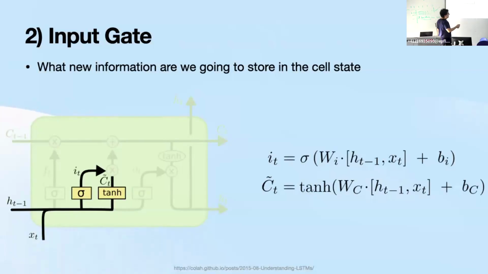And then we do another weighted sum of the h and the current input plus again a bias, but this time we give it to usually a tangent hyperbolic. You might ask, why a sigmoid here and a tangent hyperbolic there? Who knows? They did it, it works, so we just keep using it. That's how many things work in deep learning, unfortunately. And then they are multiplied together, so we calculate I of t and c tilde of t.